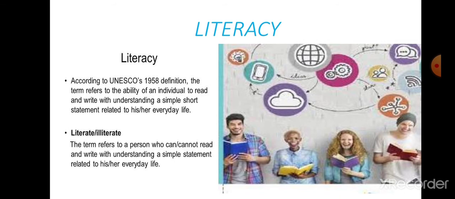So, literate or illiterate: the term refers to a person who can or cannot read or write with understanding a simple statement related to his or her everyday life. We call them illiterate persons. Those who know reading, writing and understanding any language, we call literate persons. Those who don't know reading, writing and understanding any language in their day-to-day life, we call illiterate persons.